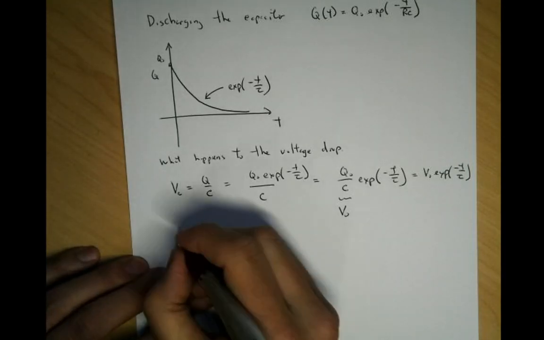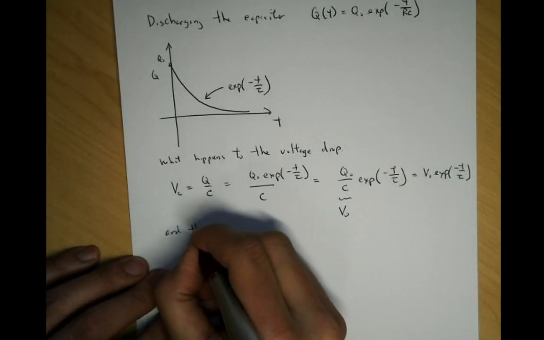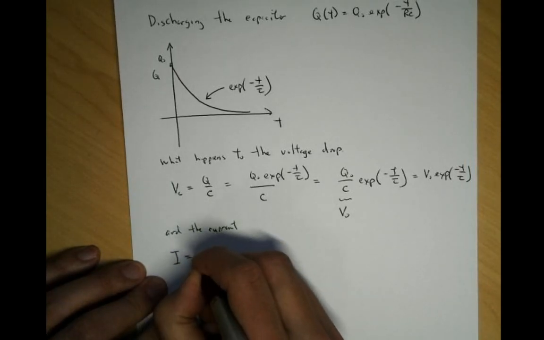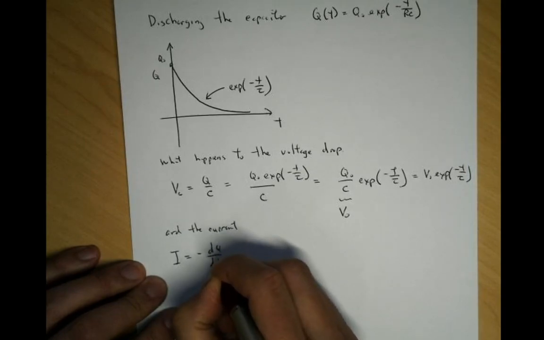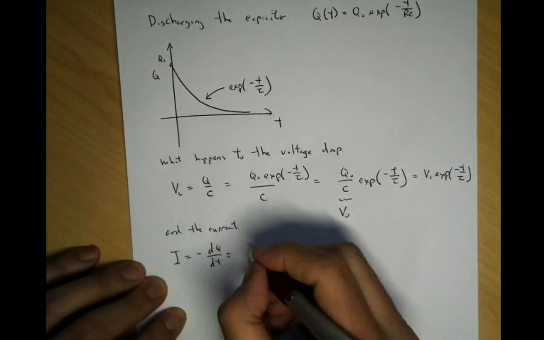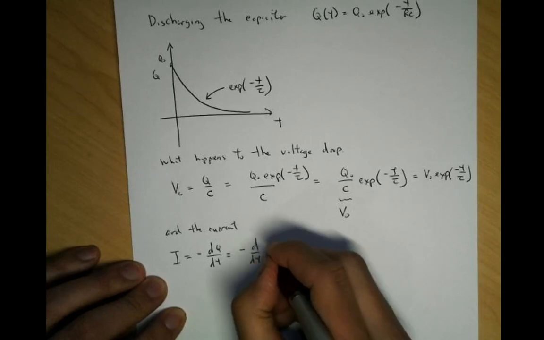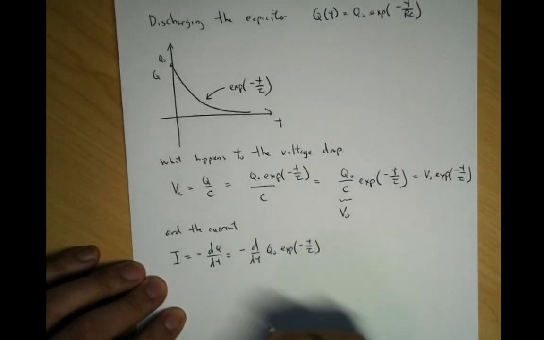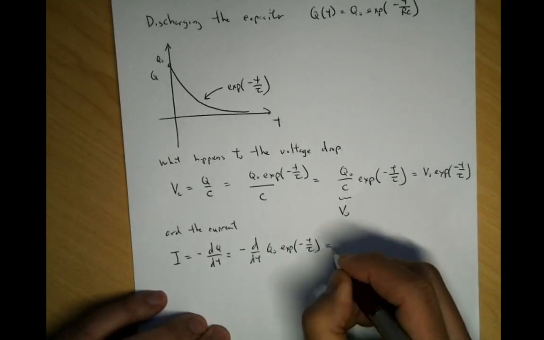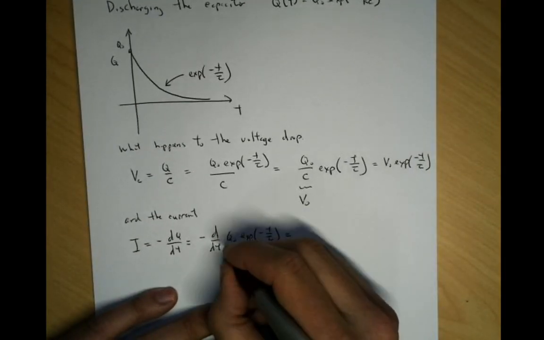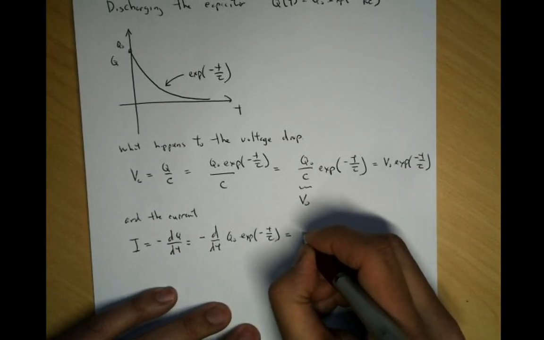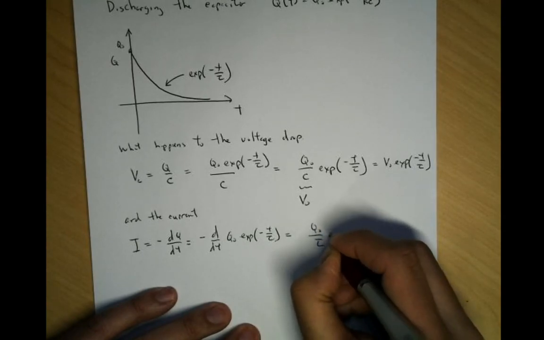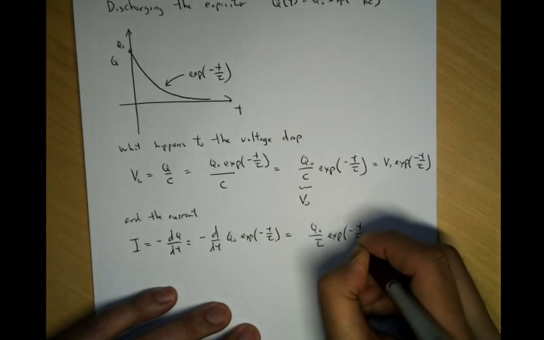Okay? And the current? Well, I is minus dQ/dt, right? So it's basically minus d by dt of Q0 exponent minus t over tau. Which is equal to, you take a derivative with respect to this thing, you get a minus, which now is going to be a plus, Q0 over tau exponent minus t over tau.